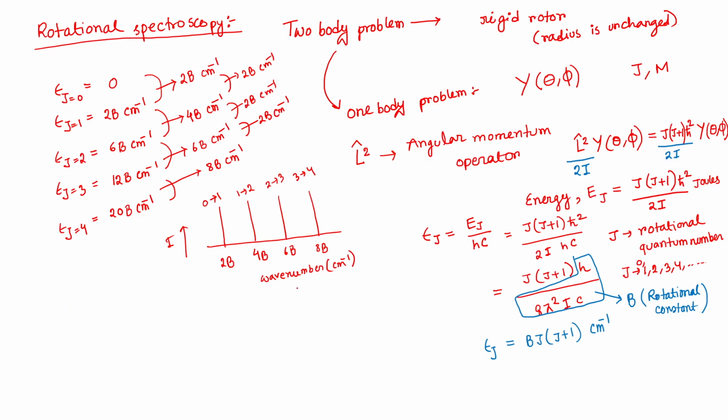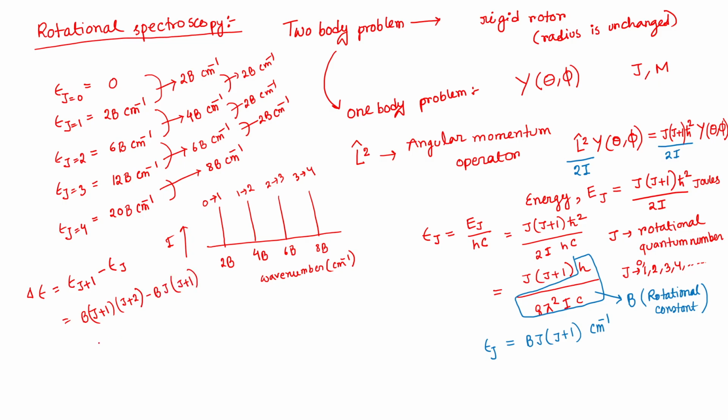And how to see the gap from here also? Suppose this is the gap in epsilon. You can write it like this: the energy of the J plus 1 state minus the energy of J, so it is B J plus 1 J plus 2 minus B J J plus 1.